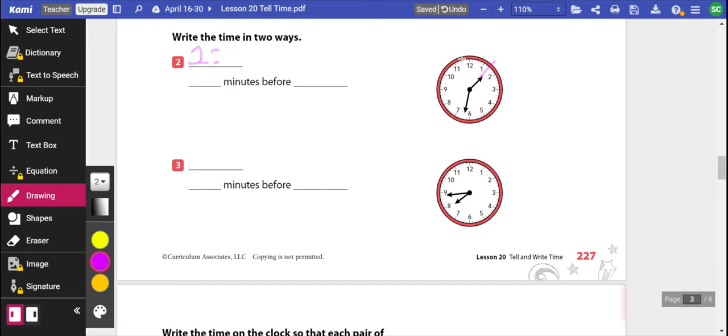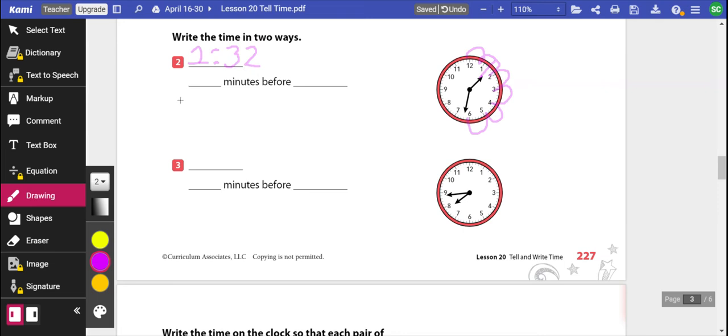And now I'm going to look at my minute hand. So 5, 10, 15, 20, 25, 30. So I've done my fives to 30, and now I'm going to look at these individual tick marks. 31, 32. So it's 1:32.